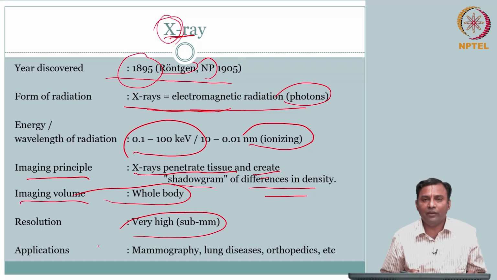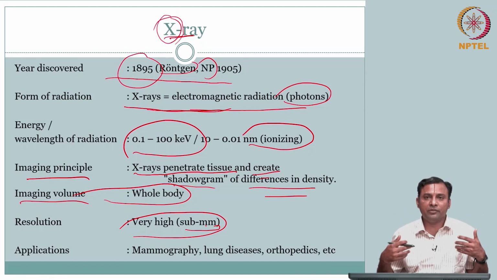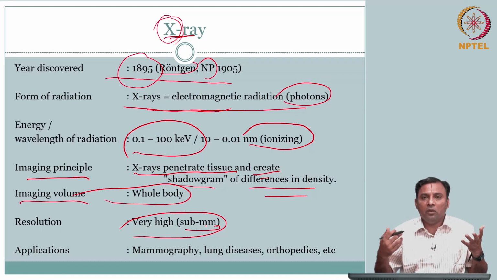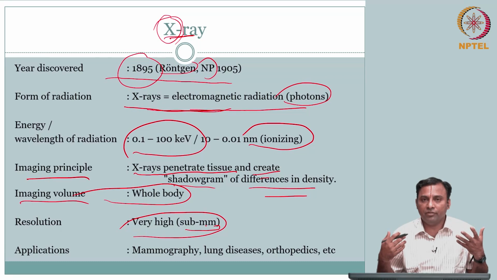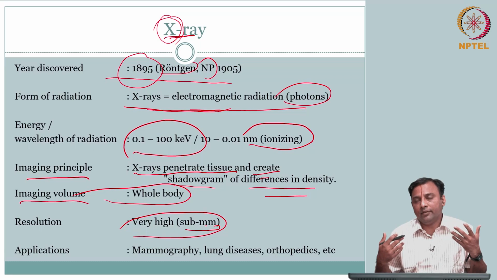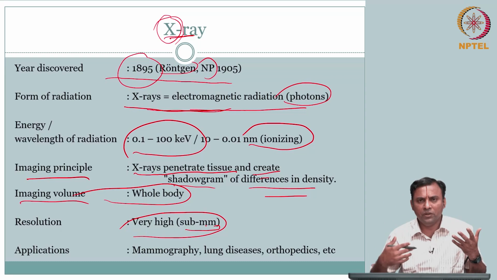Resolution is also very high. What do we mean by very high? In this context, sub-millimeter. So imagine, for example, my height is tens of centimeters, probably 175-76 centimeters. So you can get a feel for it.